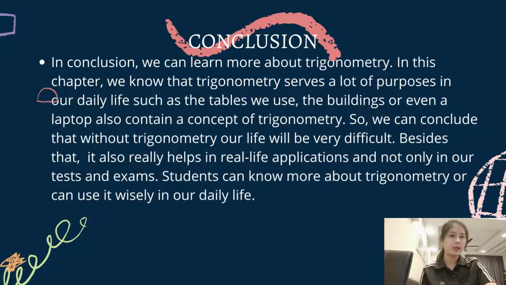We can conclude that without trigonometry, we cannot live more easily and our life will become more difficult and harder. Besides that, it also really helps in our real life application and not only in our test or exam. Students can know more about trigonometry or can use it wisely in our daily life.